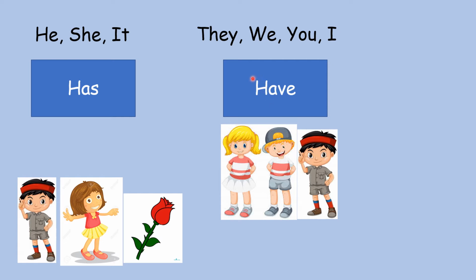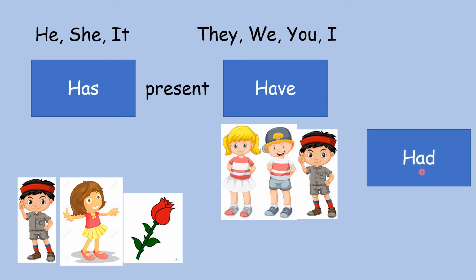Now the words have and has are in the present tense, which is happening now, not which is over. The word had is used in the past. You can use all these pronouns that are there.